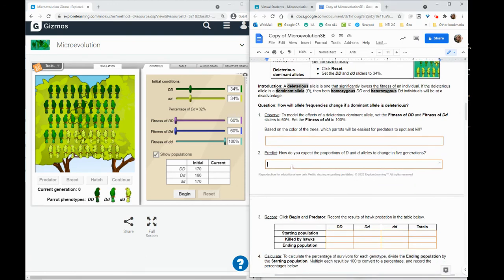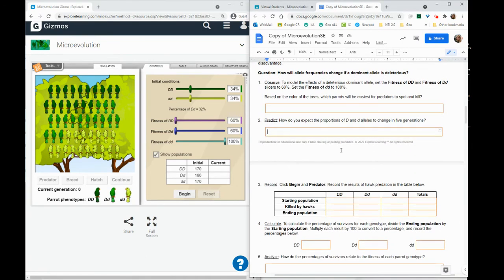So to make your prediction about how the proportions will change, right now it's a 50-50 split. There's an equal number of big D alleles in the population as there are little d alleles. Each individual, in this case we're talking about parrots, has 2 alleles because your genotype is 2 alleles.